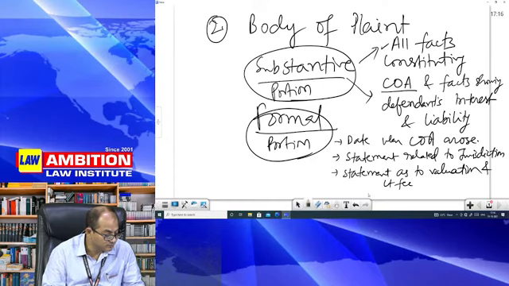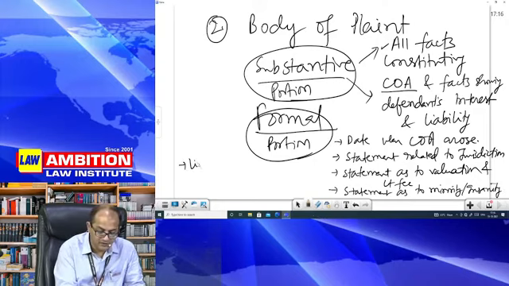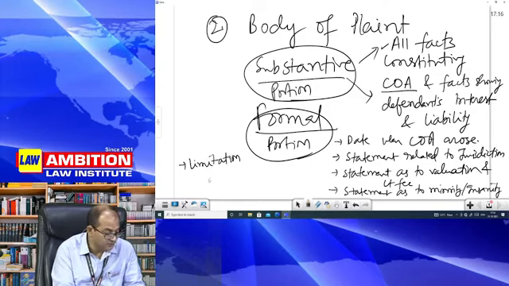And court fee. A statement as to minority or insanity. Then the fifth one is limitation. If you are claiming exemption of limitation, that has to be mentioned.